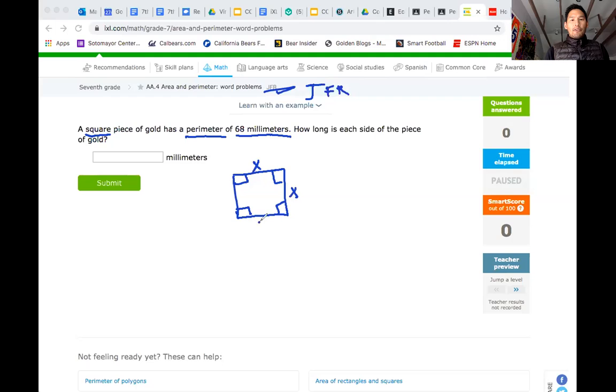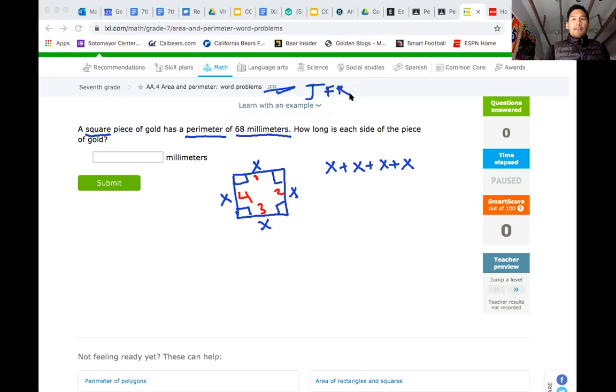We don't know how much X is, but we know there are 4 of them, and they're all the same, so I can use the same variable. The perimeter of a square is just X plus X plus X plus X. There are 4 sides, and you add all 4 together: side 1, side 2, side 3, side 4.